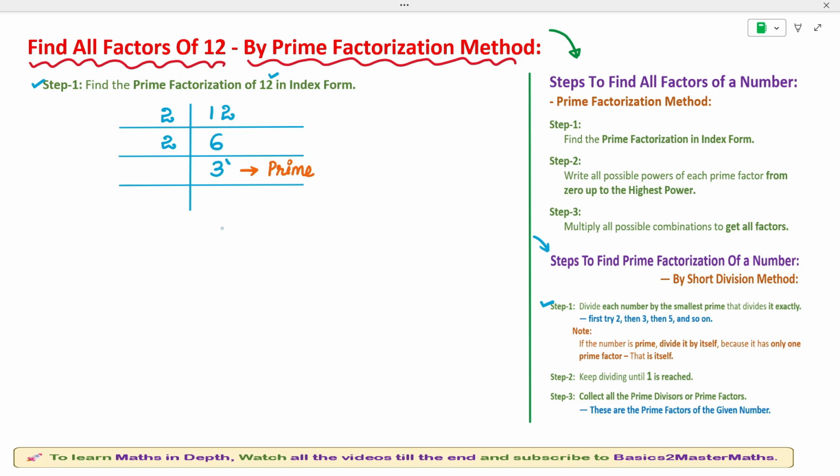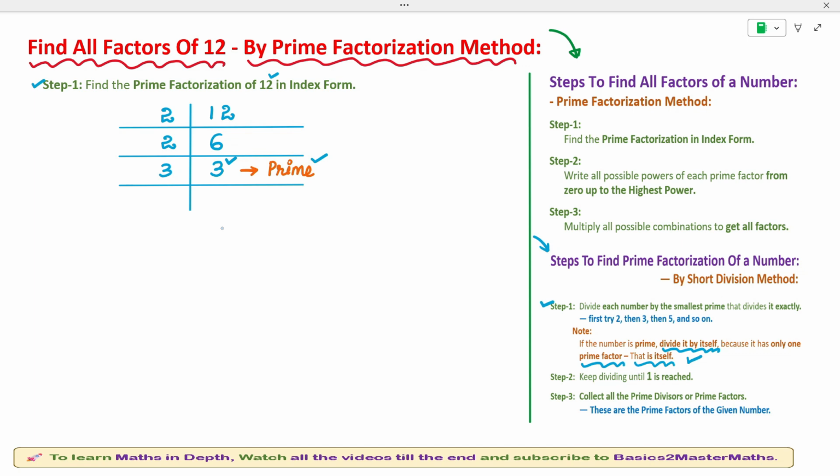Observe here, 3 is a prime number. So, divide it by itself because it has only one prime factor, that is itself. Got it?